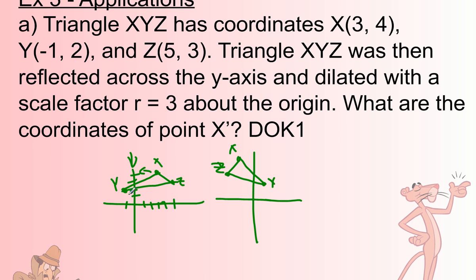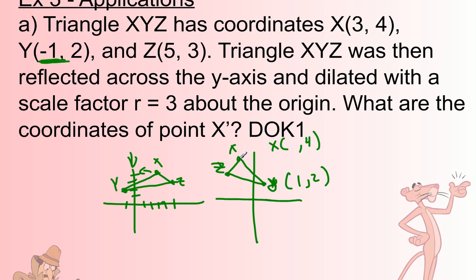So if the y value, all it did was move from one side of the y-axis to the other. The height stayed the same. So the coordinate is still going to be something, 2. But instead of being a -1, it's going to be a +1. That's y. The x coordinate, again, the height stays the same because it's not changing the height, it's just changing the location.